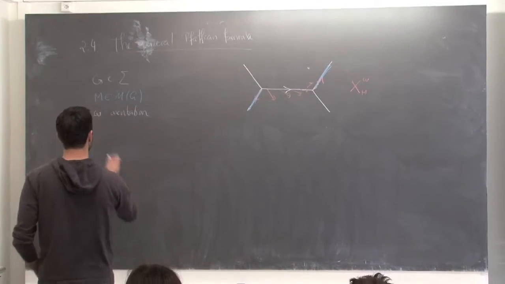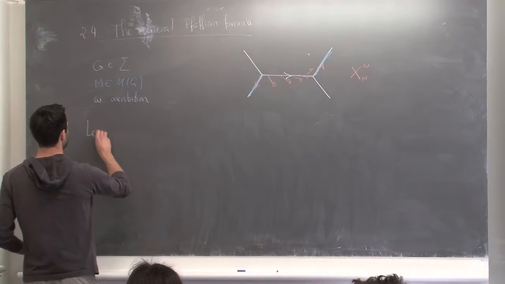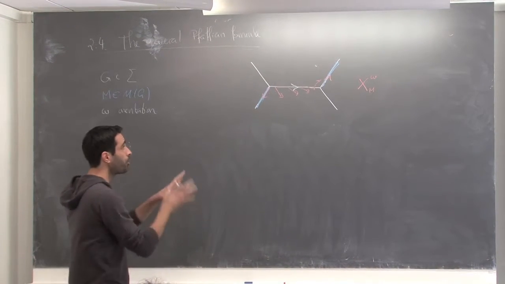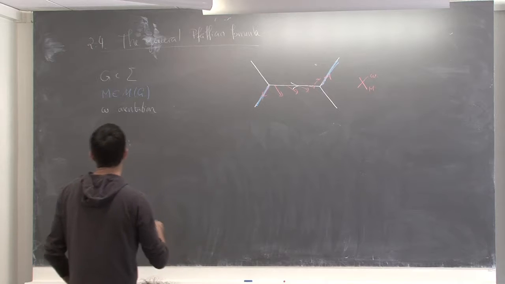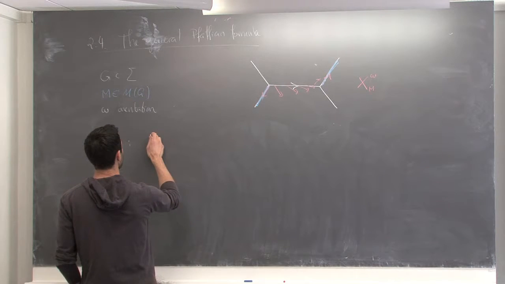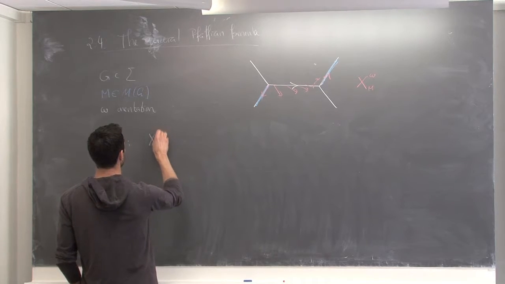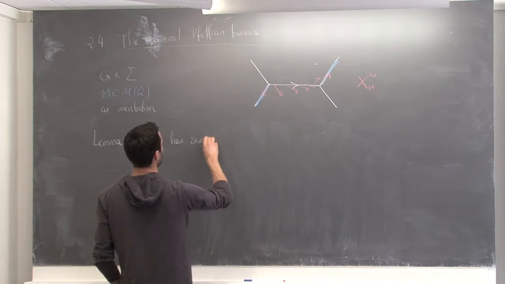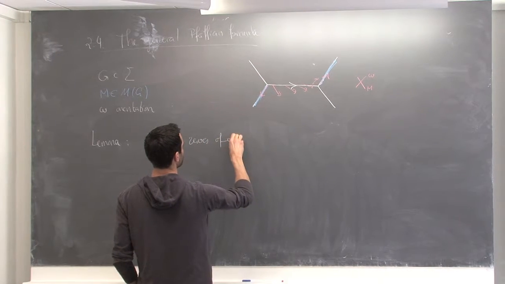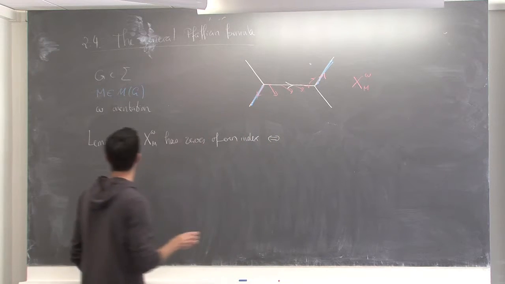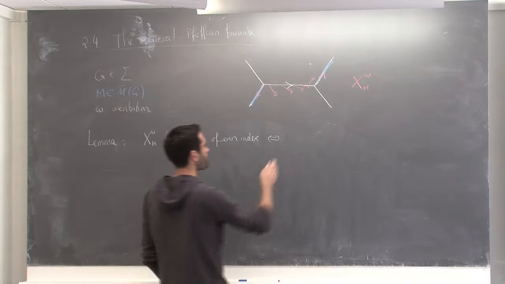And the first result that I had, so then, I was extending it to the faces, was basically saying that this vector field has only zeros of even index, if and only if omega is a Castelline orientation.